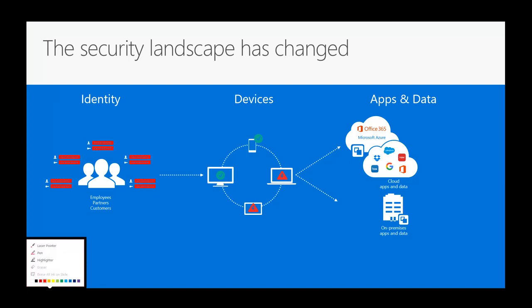I'm talking about the devices that are going to be used to access the cloud data, and then the applications and the data which actually will be accessed. So, when we have a security platform to be taken care of, we need to make sure that we are only allowing selected identities to work on selected devices and accessing selective application and data.